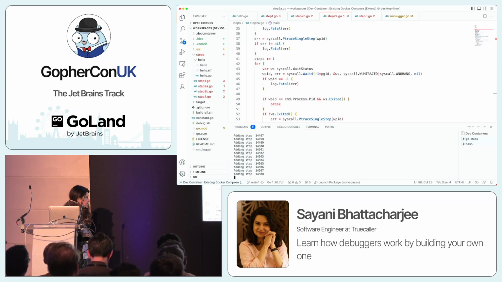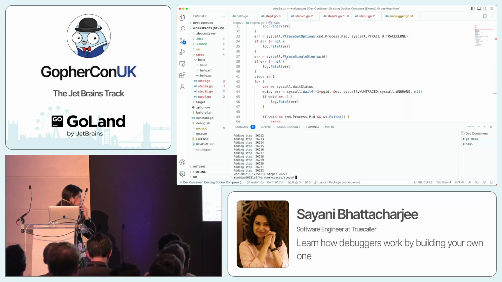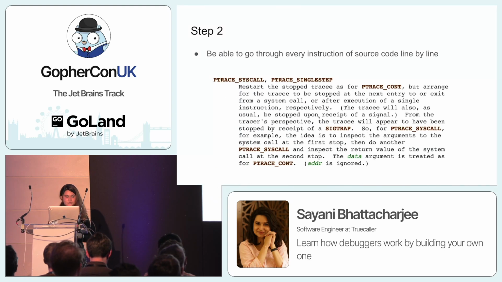Okay, it's adding steps. Okay, it has stopped the process, and we are able to go through all the instructions of the source code. So now we know how to go through our source code instruction by instruction.